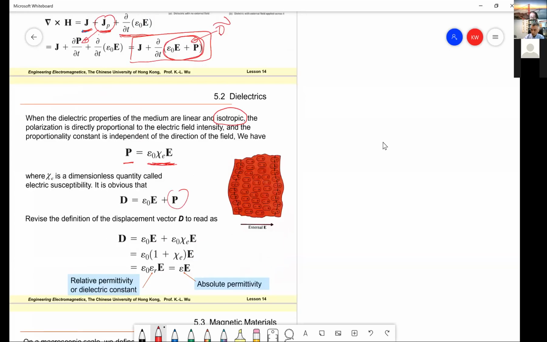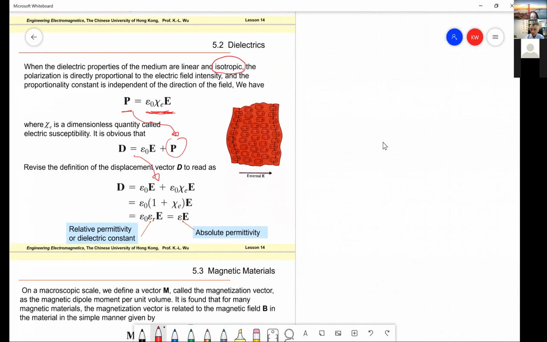Then this P comes into this, and D we can write in this form. Epsilon 0 is clear: we know how to determine it in free space, where it is a constant. Then, for a given material, we need to introduce another parameter we call relative permittivity.